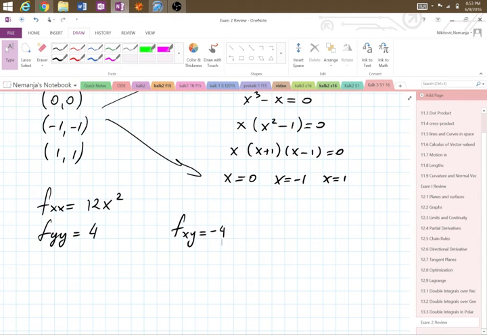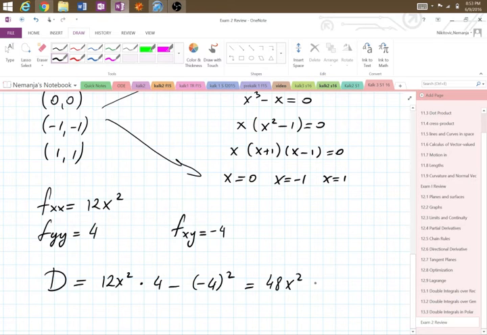We create that function D, the function of second derivatives, which is the determinant of the matrix, but that's linear algebra. So D, which is the reason why it's capital D, is determinant, is equal to 12x squared times 4 minus (-4) squared, which is 48x squared plus 16, minus 16.